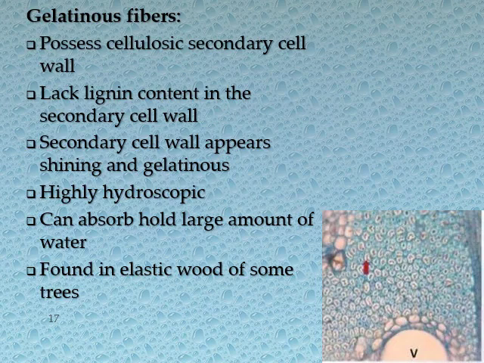So due to the presence of cellulose in the secondary wall, it appears shiny and gelatinous. These fibers are commonly found in elastic wood of some trees. They are found in dicot plants, and majorly they are developed during stress conditions to provide mechanical support.